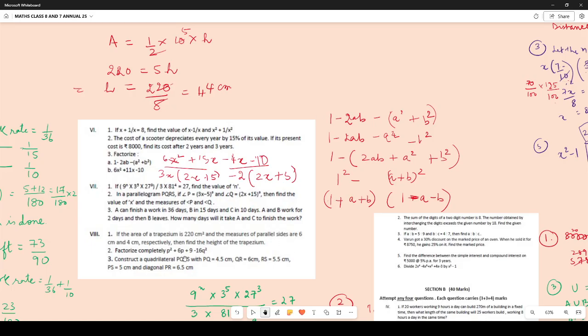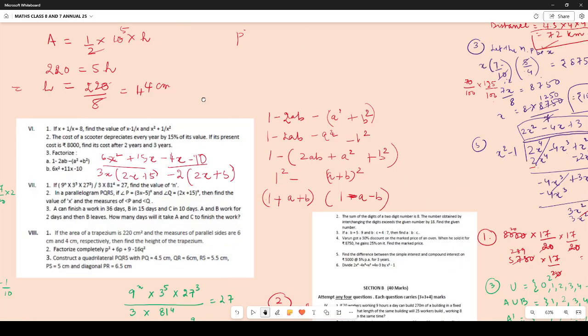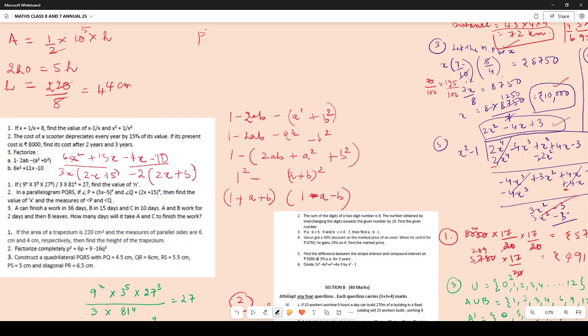Factorize completely: p square plus 6p plus 9 minus 16q square. Now let us look at this over here. If you look at this, p square plus 6p plus 9 is a perfect square of p plus 3.